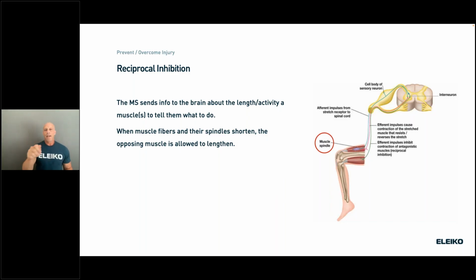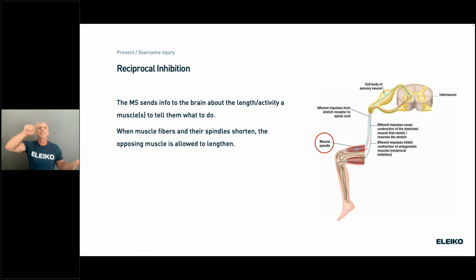If I take that bent knee, and whether they actively extend it or whether I passively extend it, either way, that quad, that muscle, has to shorten. As long as the spindle can shorten, and the spindle has to be able to shorten in order for the muscle to shorten. It's not that the muscle shortens and then the spindle catches up. It's that the spindle is able to shorten and then the muscle will continue to shorten. As long as that happens, then that hamstring or the opposing musculature will be allowed to lengthen.